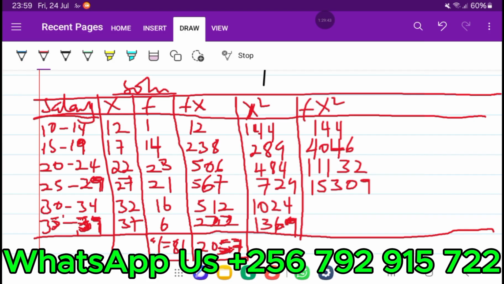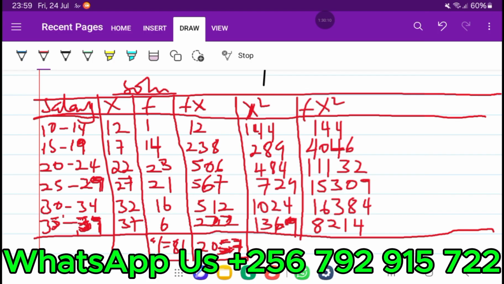Then 16 times 1024, it will give me 16384. Then finally 6 times 1369, it will give me 8214.